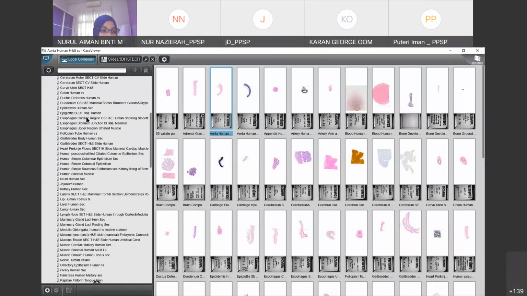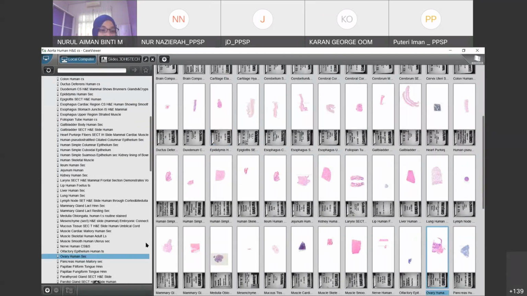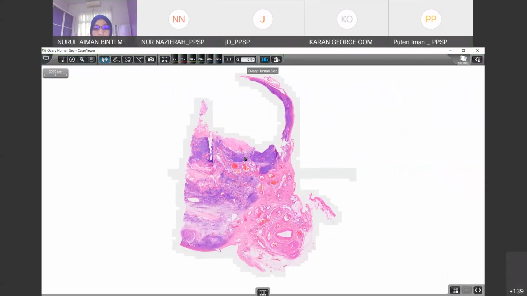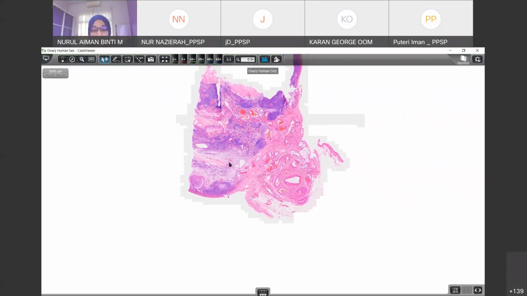If you want to look at the human ovary, most of the ovaries that we sectioned usually come from the elderly. Where is the ovary? Okay, here, which comes from the ovary of an elderly person.